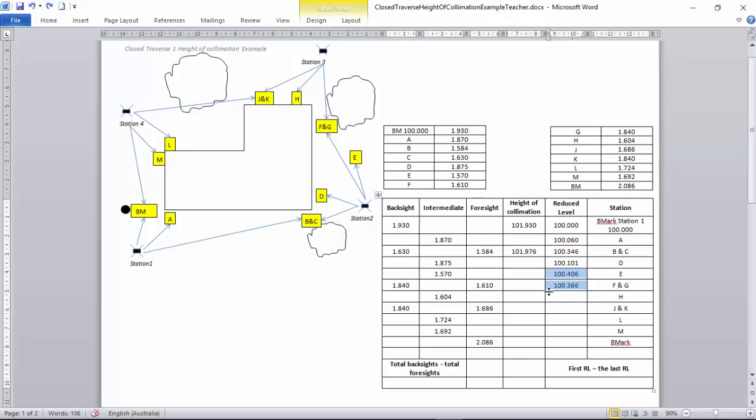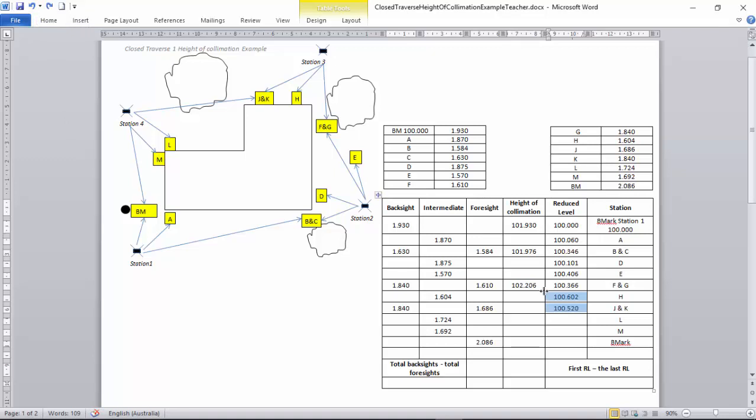Because this is the change station again, this 100.366, we then add on our 1840, and our new height of collimation is 102.206. Okay, so all we're doing, we're on our last reading, 100.366, we add on our 1840, and that gives us our 102.206 as our new height of collimation.